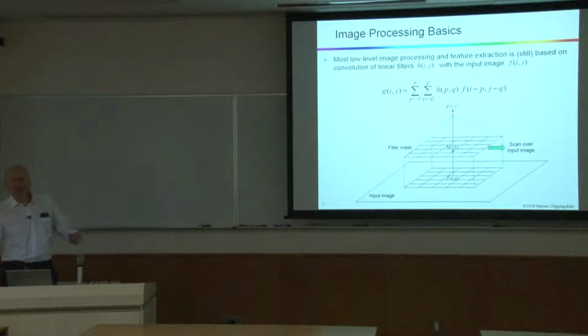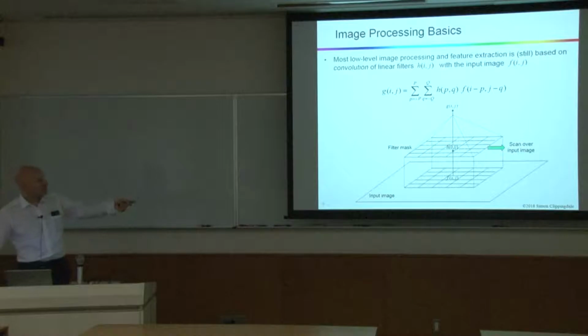The way people have tended to pull out features from images in the past is still based, even now, on convolution with linear filters. So here's a linear filter, h of i and j, or p and q here. And here's the image f of ij, and the output at some pixel ij here.